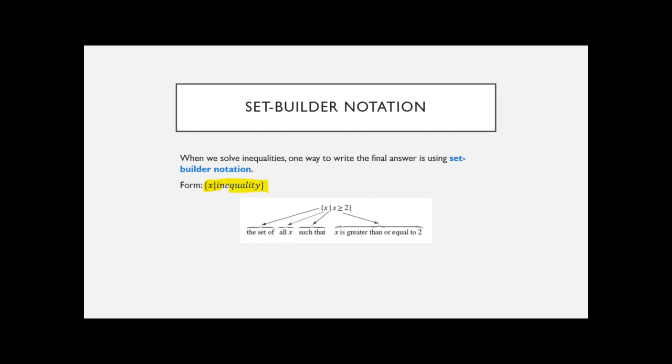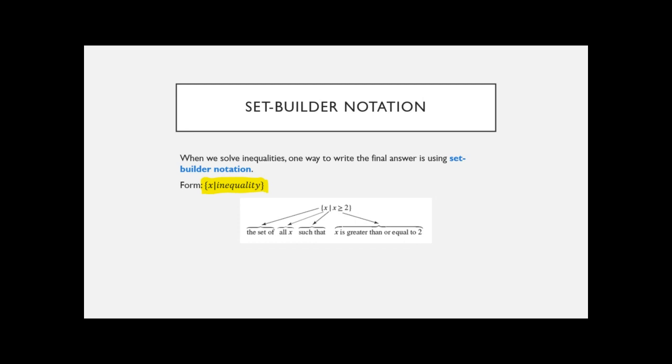You have a vertical line, which is basically half of an inequality, or half of an absolute value, but it's a vertical line. And then you have your inequality, whether it's x less than 5 or whatever it is there. And then you close it with a curly brace. So an example here is we've got the curly brace, x, the vertical bar, and then x greater than or equal to 2.